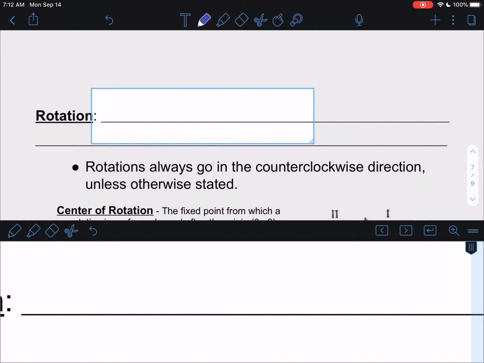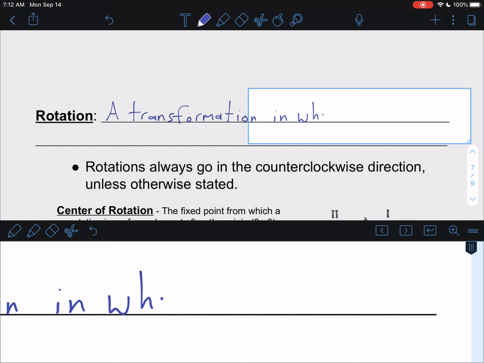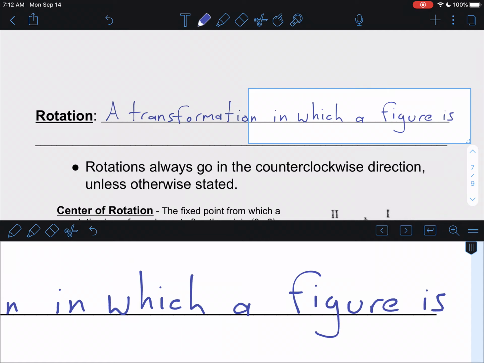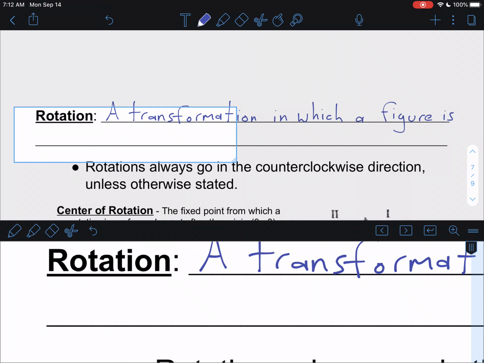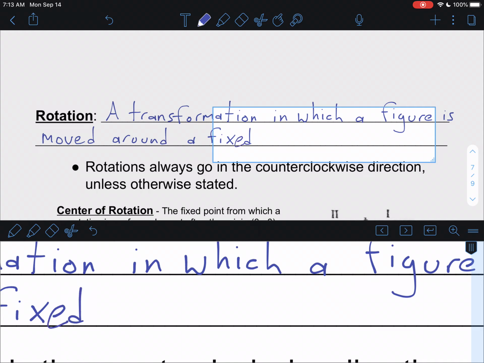Okay, so first we have a definition of a rotation. So hopefully you guys know what a rotation is, but the geometric definition of a rotation is going to be, we'll call it a transformation in which a figure is moved around a fixed point.